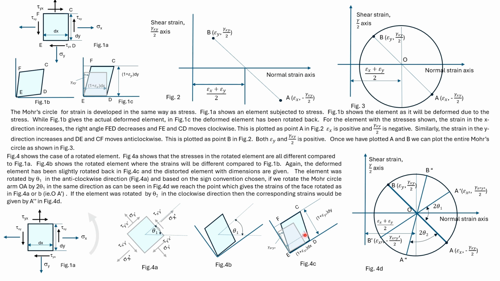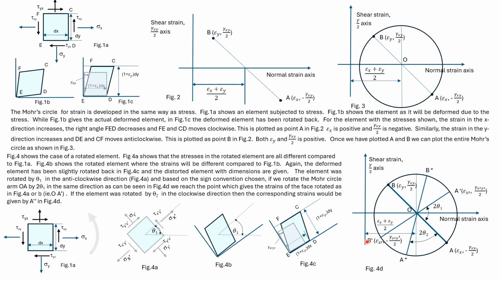If we want to know the shear strain and the normal strain of this element, then we can use the Mohr's circle for plane strain. Here the rotation was theta 1 in the counterclockwise direction. So from OA we have rotated by 2 theta 1 in the counterclockwise direction and reached A dash. We can extend A dash O to B dash.